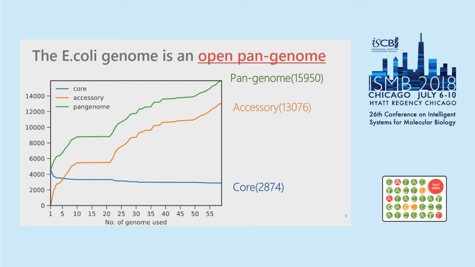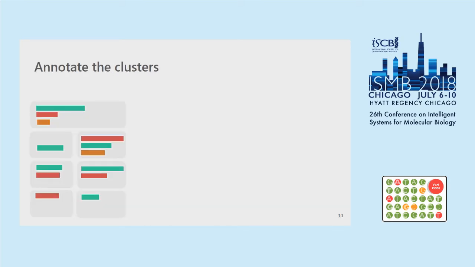The core genome gets smaller, and it converges to 2,874 in the end. As more genomes are used, the growth of the pan-genome size doesn't plateau. This corresponds to an open pan-genome, indicating that E. coli has access to an infinite number of genes.